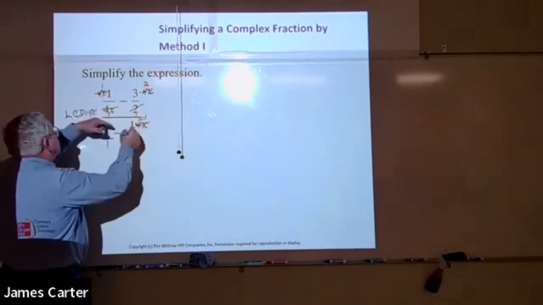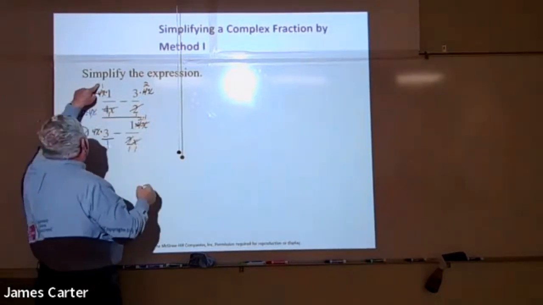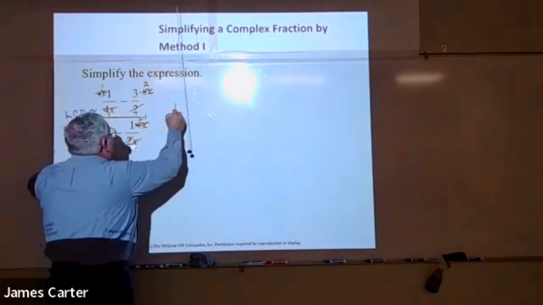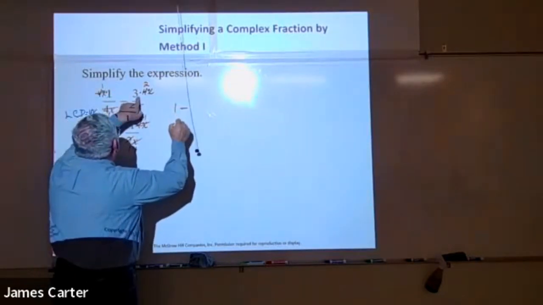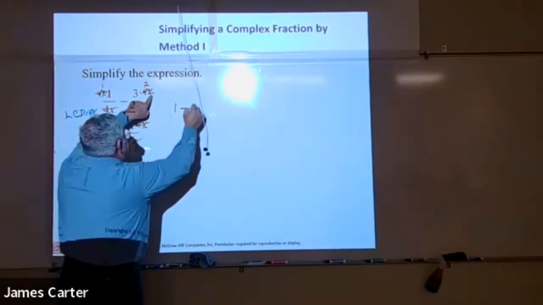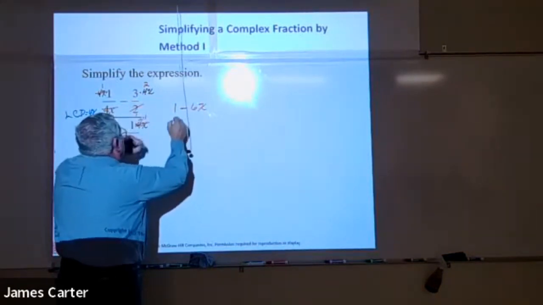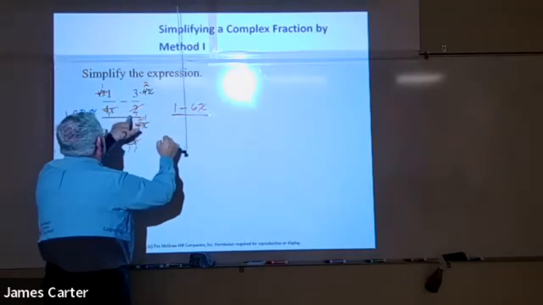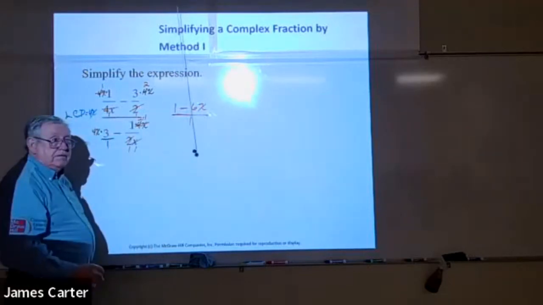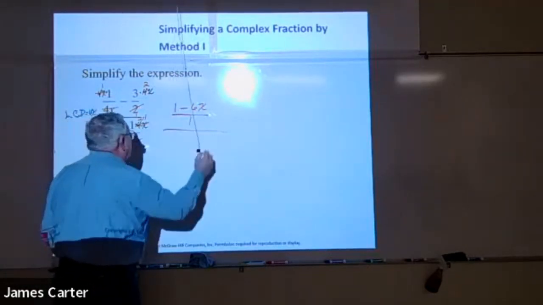So what does this give me? 1 minus 3 times 2, or 3 times 2 is 6x, over everything here became 1s.